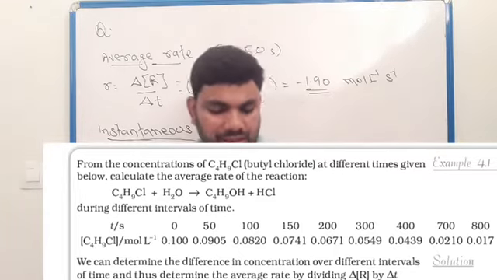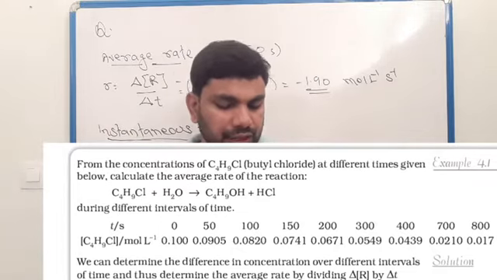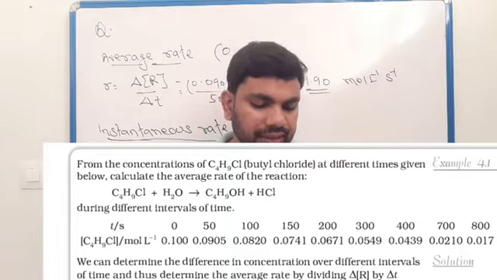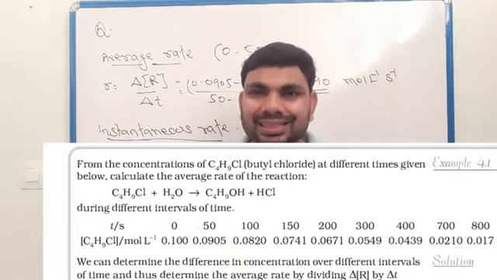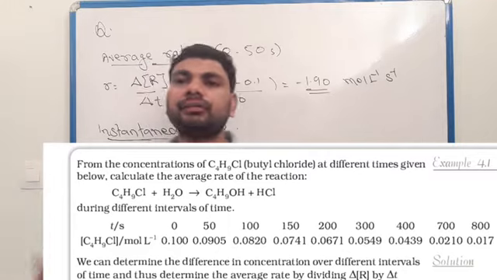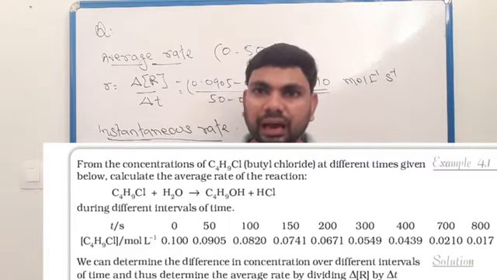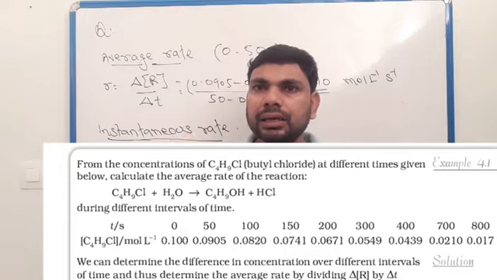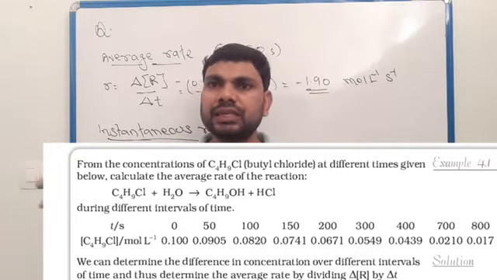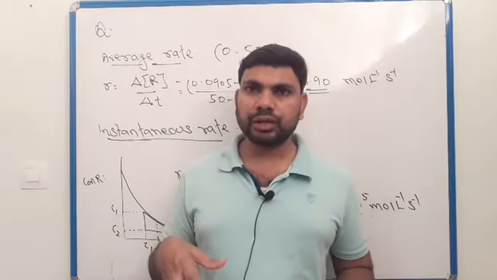The table gives the time duration for this chemical reaction and the change in concentration of C4H9Cl. Using this information we can find the instantaneous rate and average rate. First, how to find the average rate between 0 to 50 seconds.